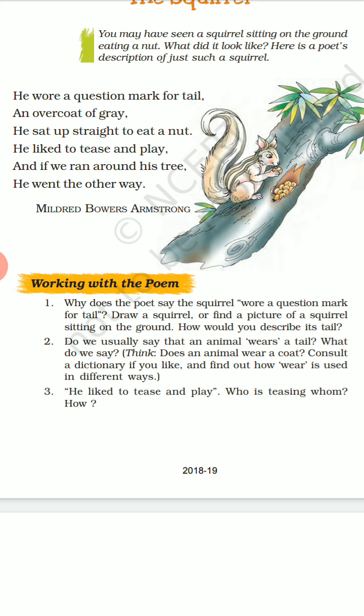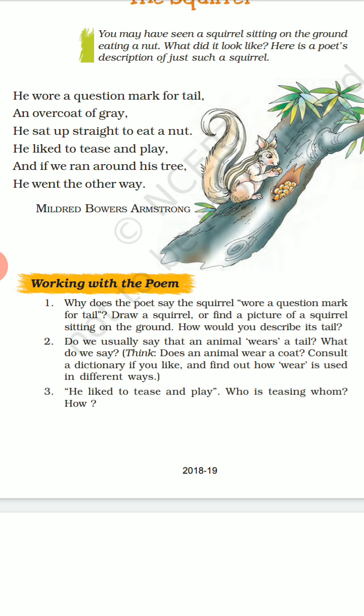So do we usually say that an animal wears a tail? No, the answer is no. We don't usually say that an animal wears a tail, but rather we say an animal has a tail.